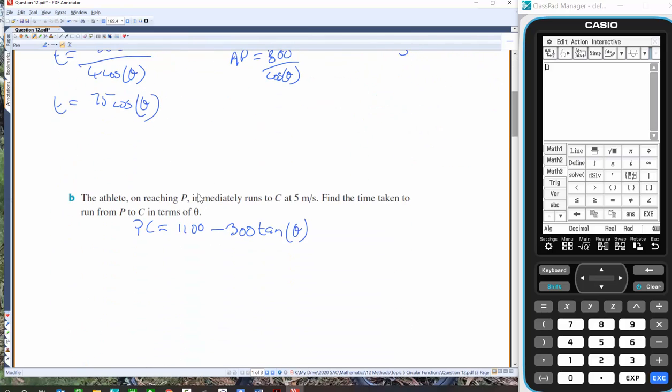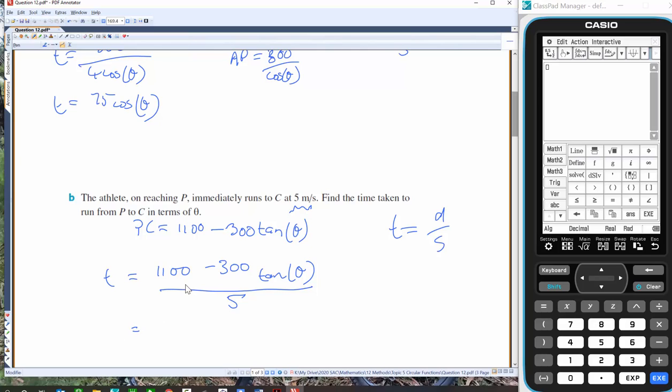All right, and what we want is the time taken. So we recall that time is the distance over the speed. So time is equal to this distance, 1100 take away 300 tan theta, all over the speed, which the individual is doing, 5 meters per second.